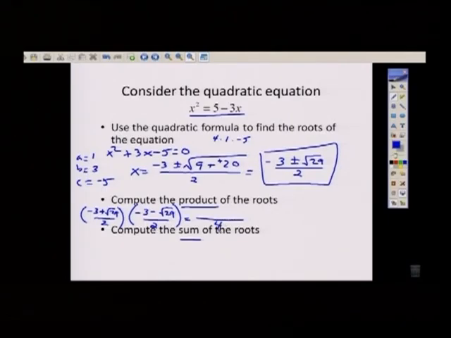The 2 times the 2 does give me 4. Now multiplying the tops of those two fractions, the numerators, could be a little tricky. So I'm going to draw my box, and I'm multiplying negative 3 plus the square root of 29 by negative 3 minus the square root of 29.